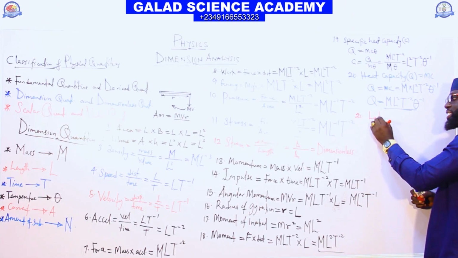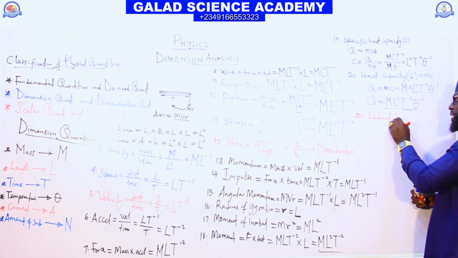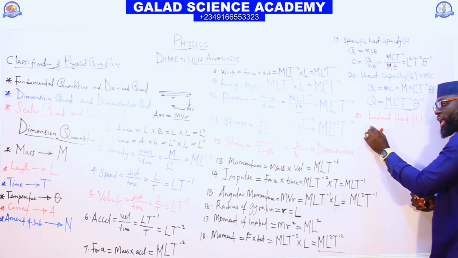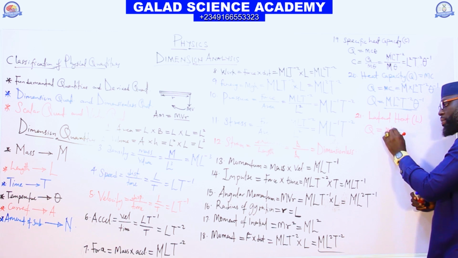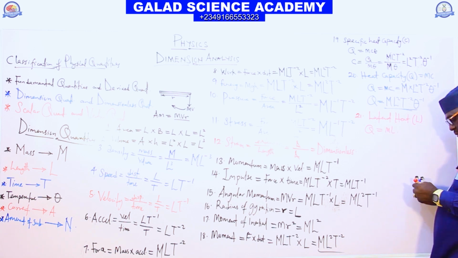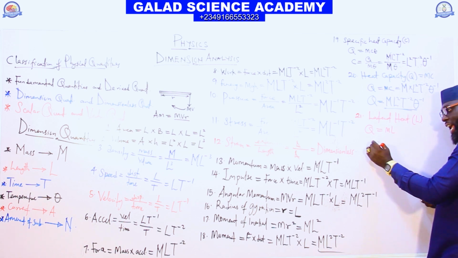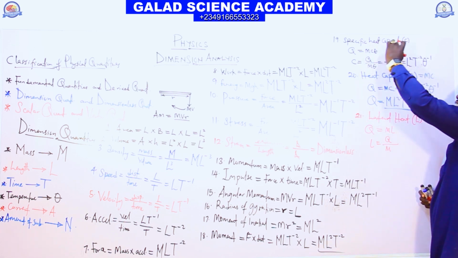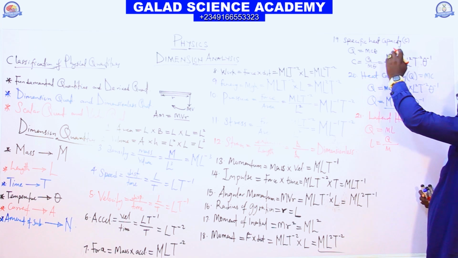Number 21: dimension for latent heat. The symbol for latent heat is L. From the formula Q equals mL, L will be Q over m. This Q is not the earlier one; it is the energy we use here.